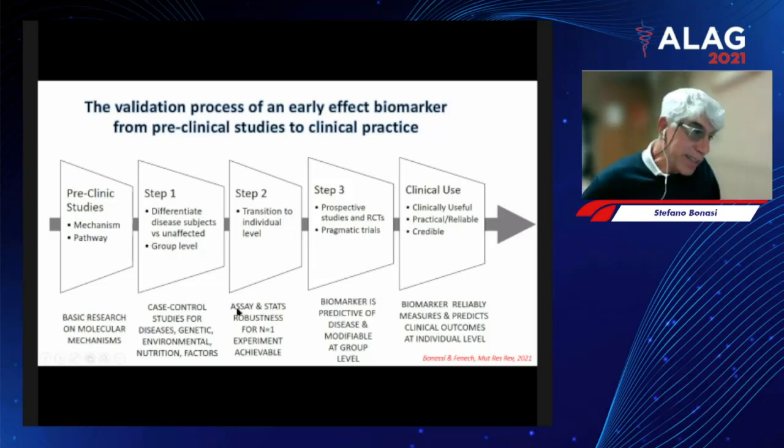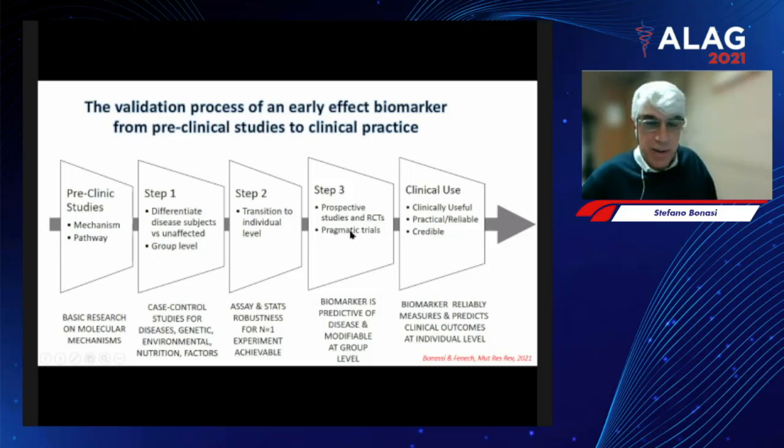One of the important critical steps to validate these biomarkers, including the Comet assay, is prospective studies, cohort studies, and especially randomized controlled trials. If I have to say where we are now with the Comet assay, I think we are here, trying to make a transition from group level to individual level.